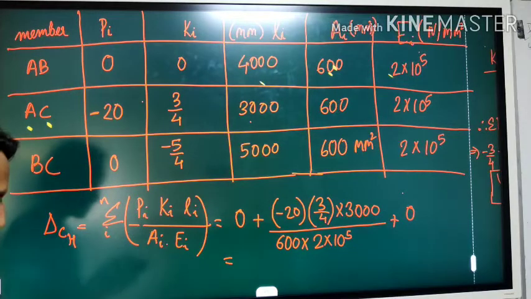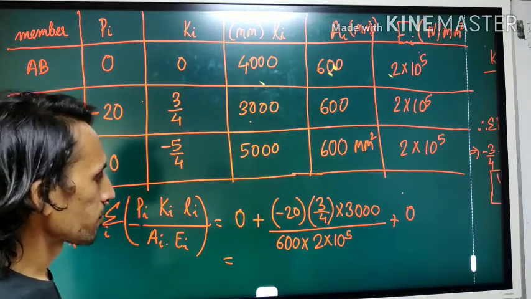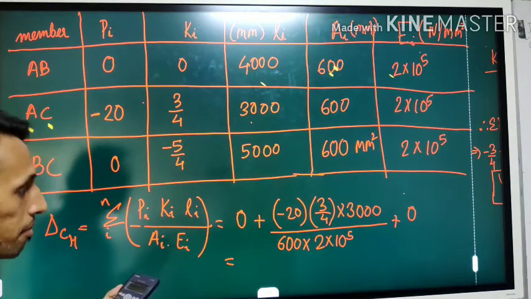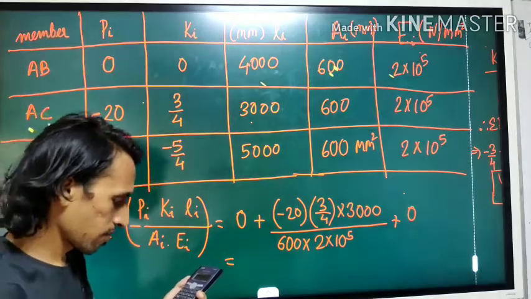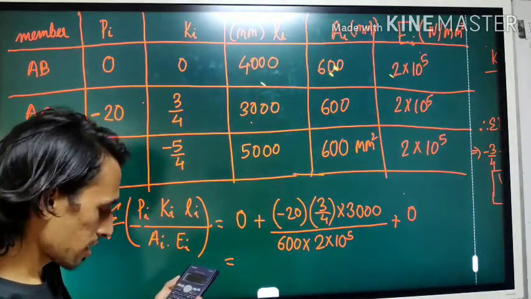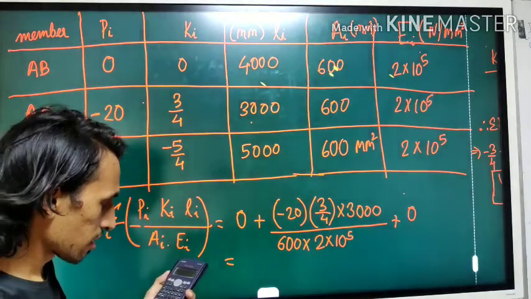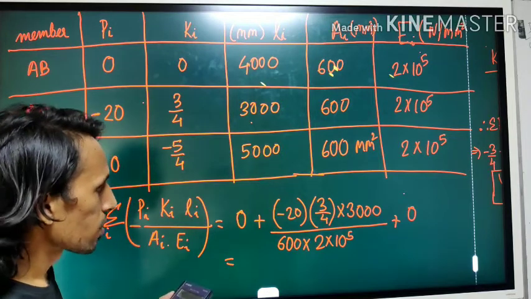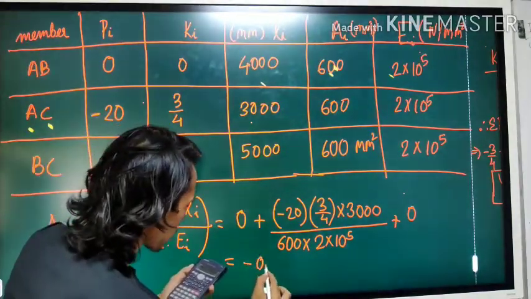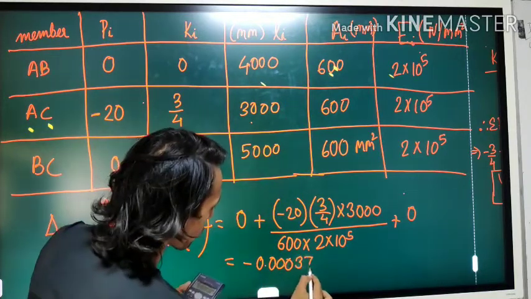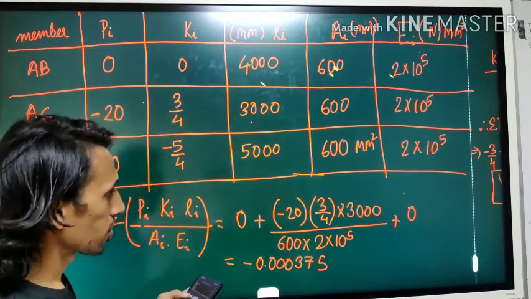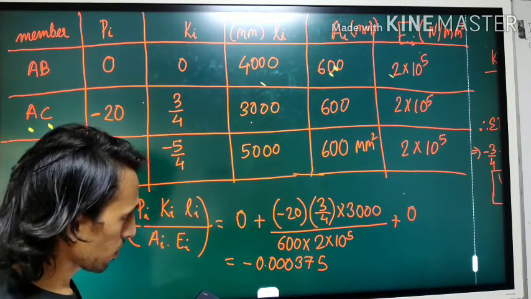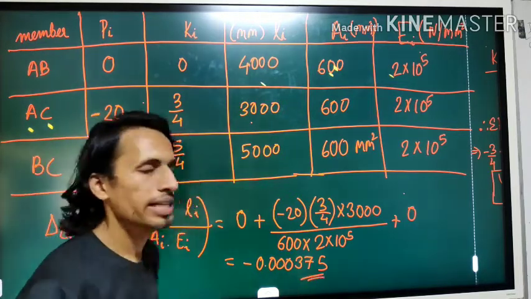So let me calculate. 20 multiplied by 3 multiplied by 3000 divided by 2 divided by 600, so its value comes out to be 0.000375.